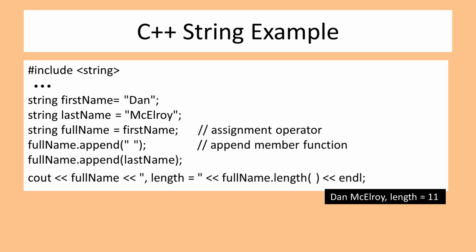So full name dot append, then open parentheses, quote, space, quote, close parentheses, semicolon, that says I'm going to append a space onto the end of full name. And then I'm going to append last name onto the end of full name. So it says cout full name, comma, length, space, equals space, and then full name dot length. So I get the exact same result. Dan McElroy, comma, length equals 11.